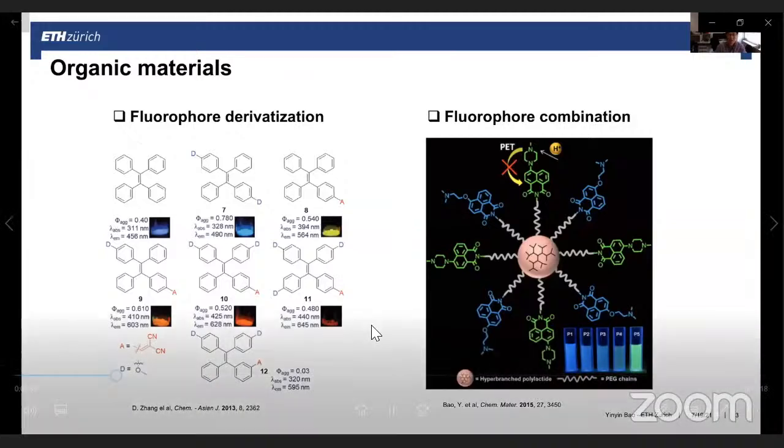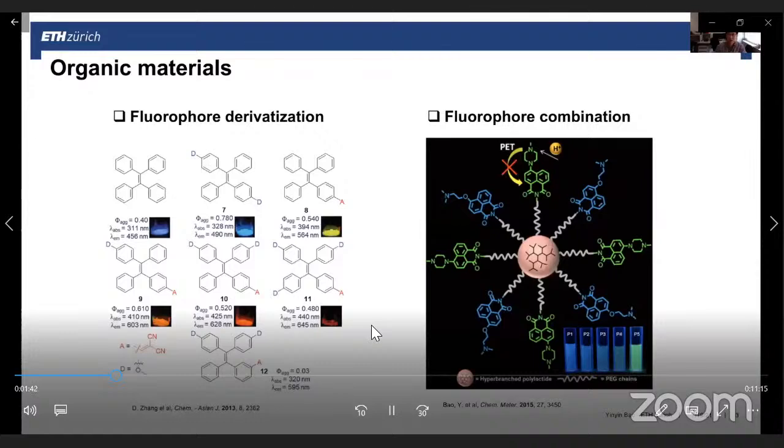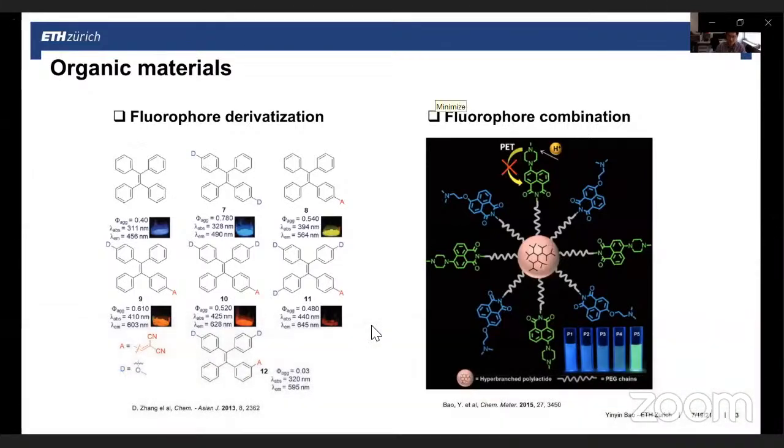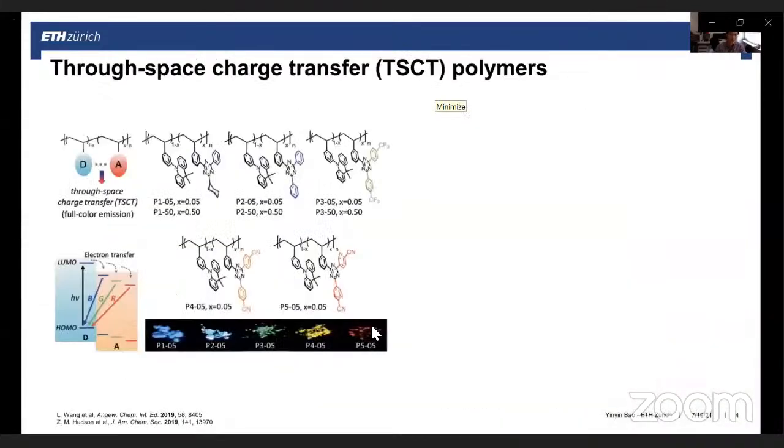And for the second strategy, normally you combine different fluorophores to achieve different colors. Recently, there is a system called through-space charge transfer polymers developed by the group of Professor Wang Lixiang.